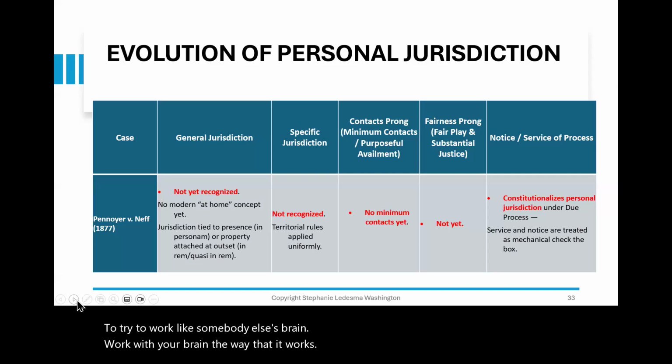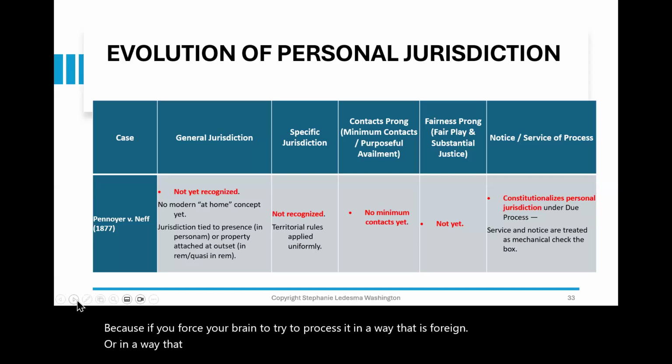Find out how best your brain processes information. And once you find out how best it processes information, process the information that way. Because if you force your brain to try to process it in a way that is foreign or in a way that doesn't suit your brain, a difficult job is going to be closer to impossible.